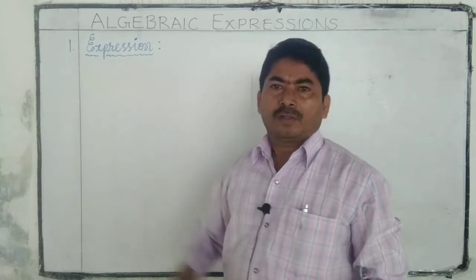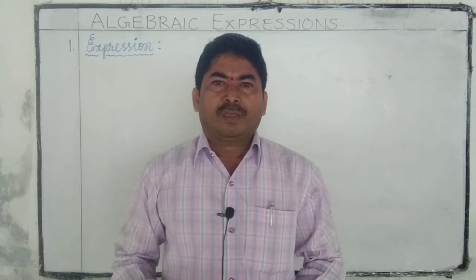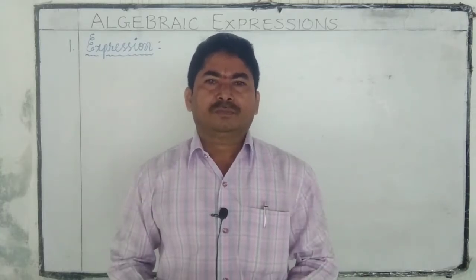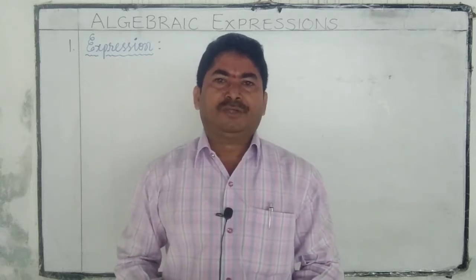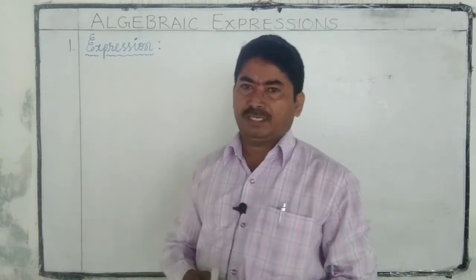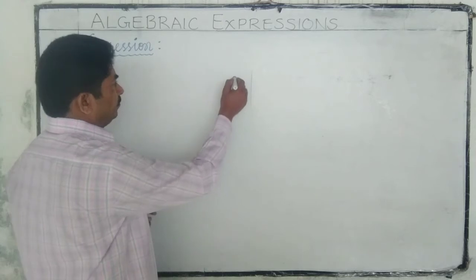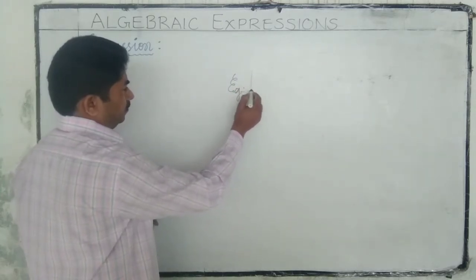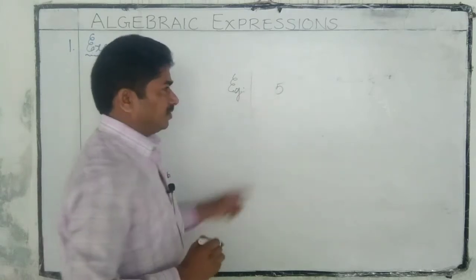First, expression. What is an expression? A single term or group of terms with the addition or subtraction operations is called an expression. Let us observe one example. This is a single term.